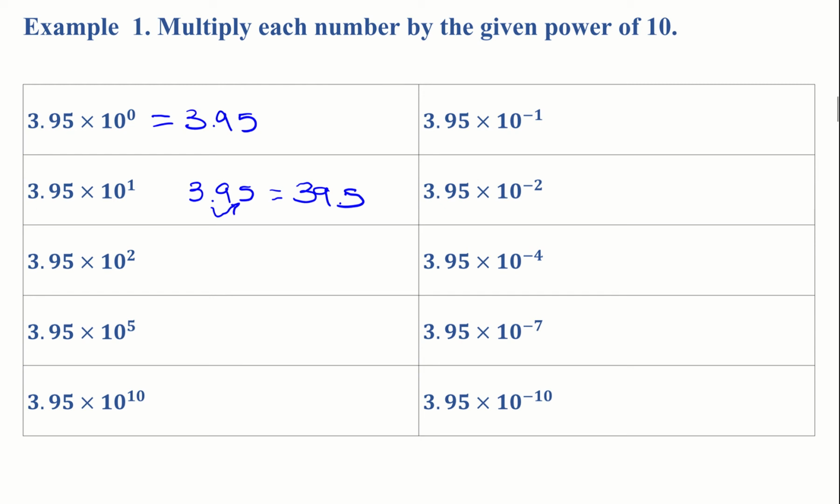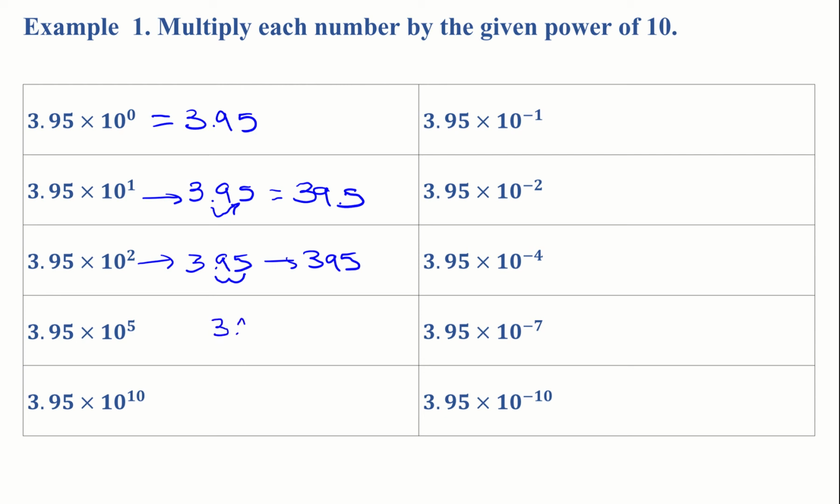All right, so with this one, you start with 3.95 and you're multiplying by 10 squared, so you're going to move the decimal 2 places to the right. So 1, 2, so you end up with 395.